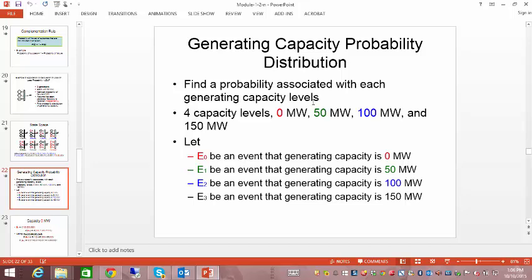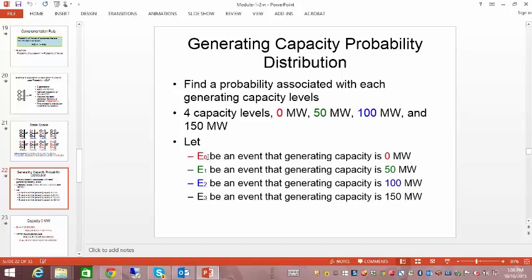Now, since we have got 3 generators, each is 50 megawatts, then there are 4 possible capacity levels. 0, when all the generators are down; 50 megawatt, when one generator is working and 2 are down; 100 megawatt, when 2 generators are working and 1 is down; and 150 megawatts, where all the 3 generators are working.